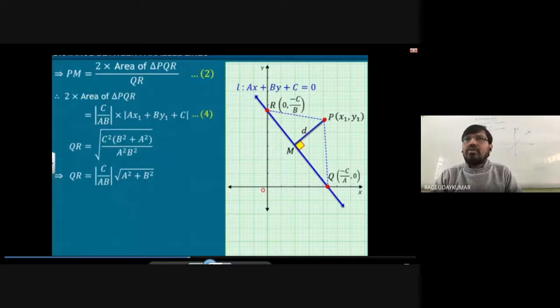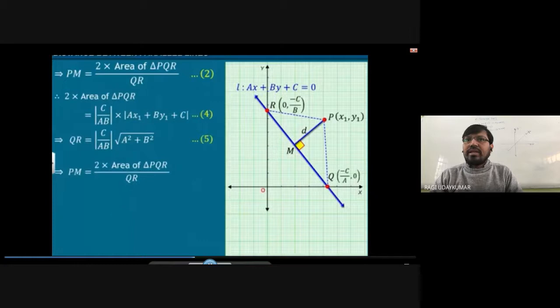So you have to substitute this in equation number 2. Equations 4 and 5 give 2 into the area of the triangle PQR, and in place of QR the length is replaced, and the modulus of c/(ab) will be cancelled.